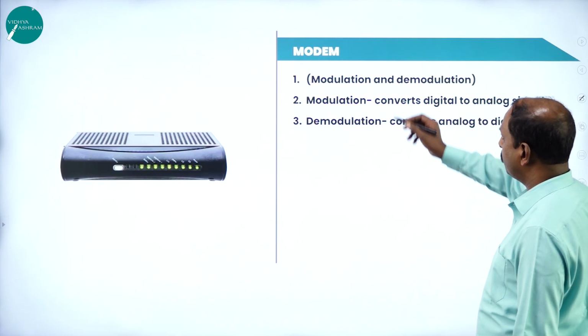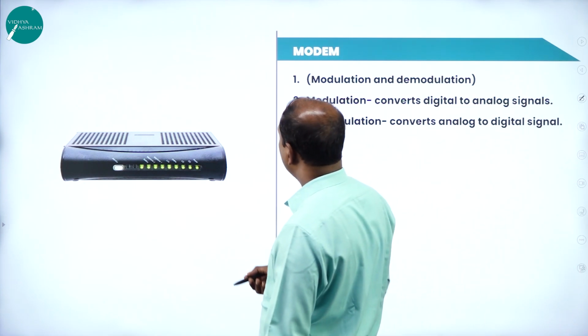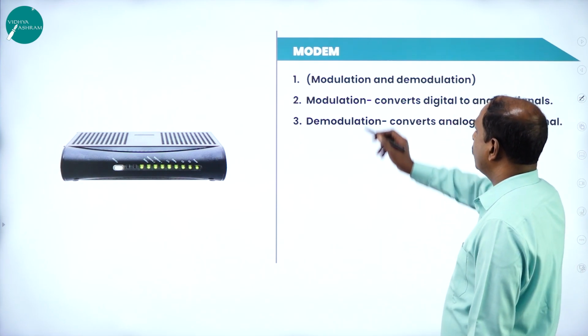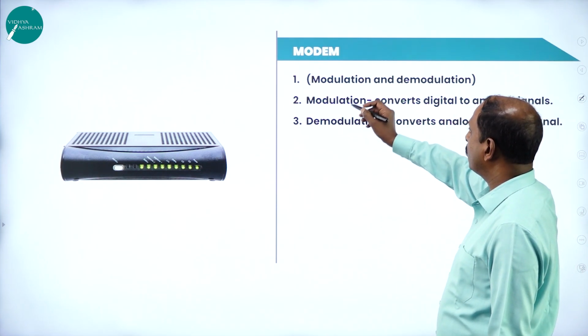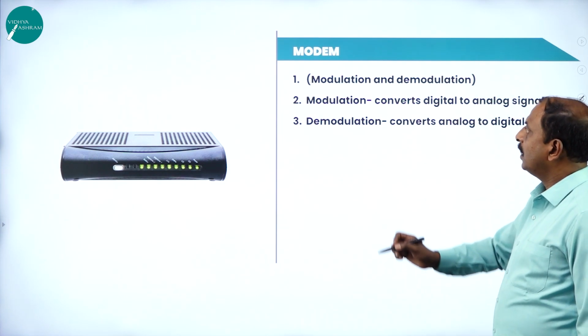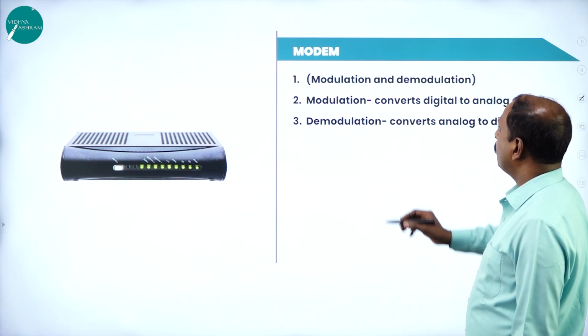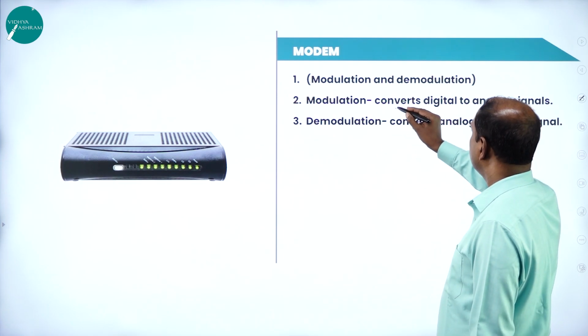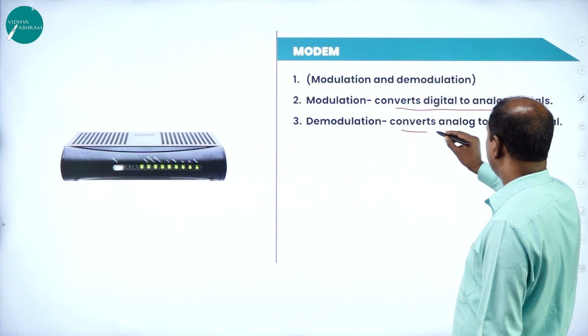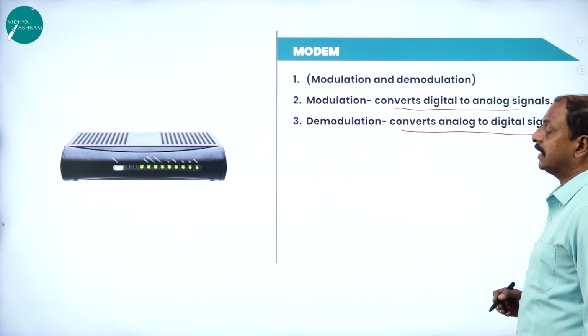Next one is called a modem. Here is the diagram, and most of us are familiar with this device. What is a modem? Modem stands for modulation and demodulation. Modulation means converting digital signal to analog signal, and demodulation means converting analog to digital signal.